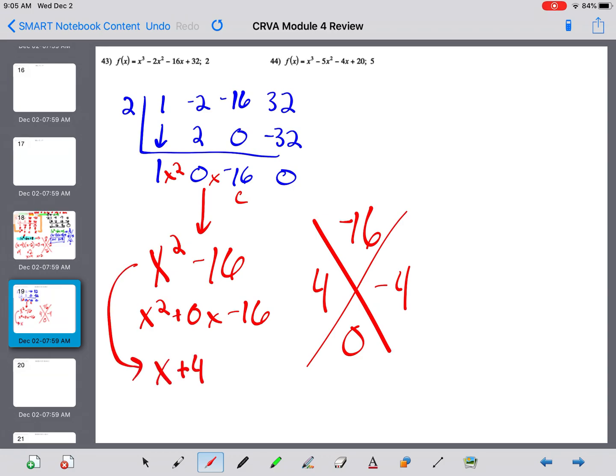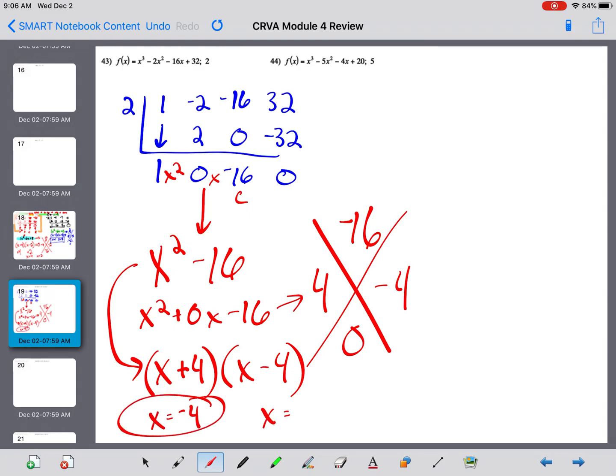Maybe you realize this was a difference of squares, and you can just add and subtract the square root in here. There we are. So anyway, that's the factored form, folks. There's a couple ways to think through it. You can either use the diamond method or your shortcut. So x equals negative 4 is a solution, and x equals positive 4 is a solution.